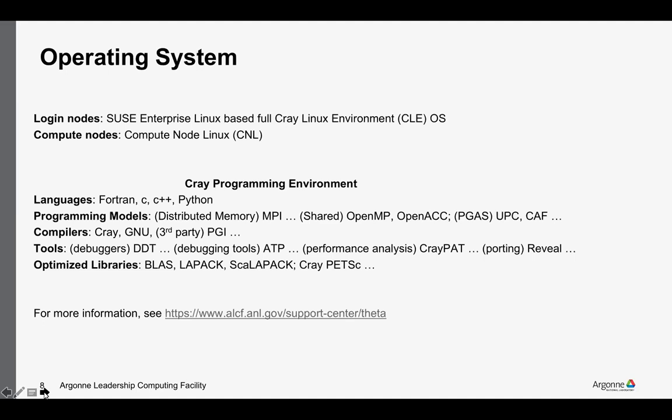The compilers include Cray, GNU, and third parties such as Portland Group. Tools include debuggers such as DDT, performance analysis tools such as CrayPat, and so on. And the optimized libraries, BLAS, LAPACK, ScaLAPACK, PETSc, and so on are also there. This is just a brief overview, but for more details, see the link at the bottom that Chris also introduced earlier.